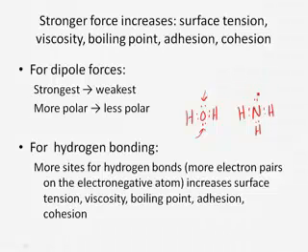And so just that one site is available for us to have hydrogen bonds. So fewer hydrogen bonds can occur with the ammonia as opposed to the water. And so as we would expect, the boiling point, for example, of water is much higher than the boiling point for ammonia. Okay.